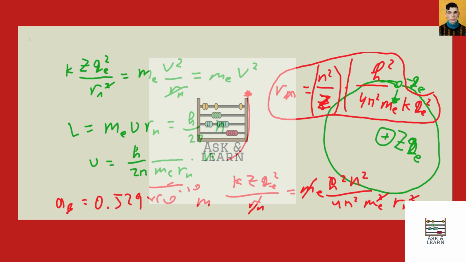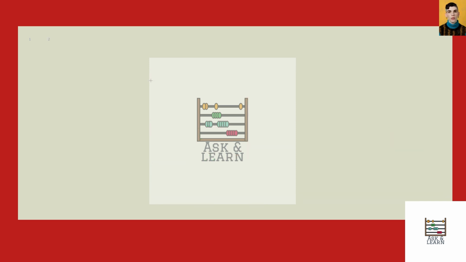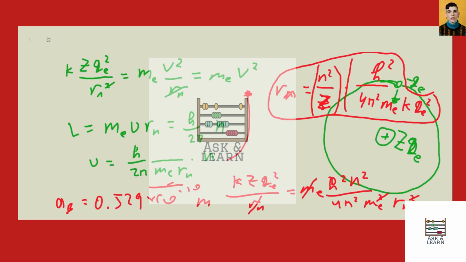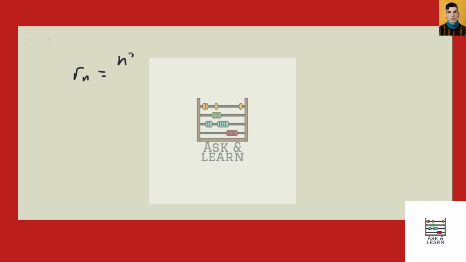So our equation for R_n is n squared over Z a_B. And a_B is calculated in problem 9.